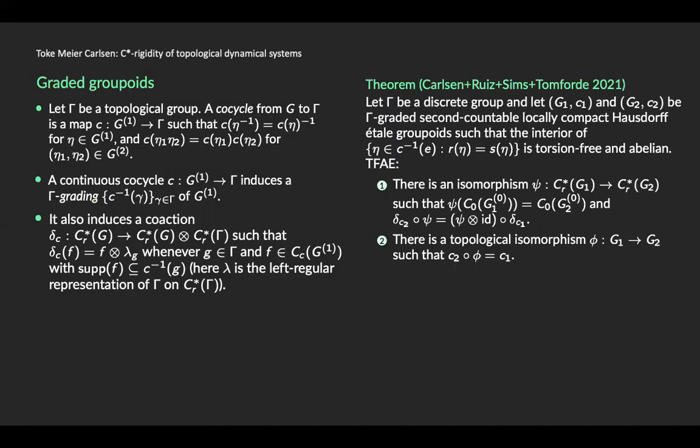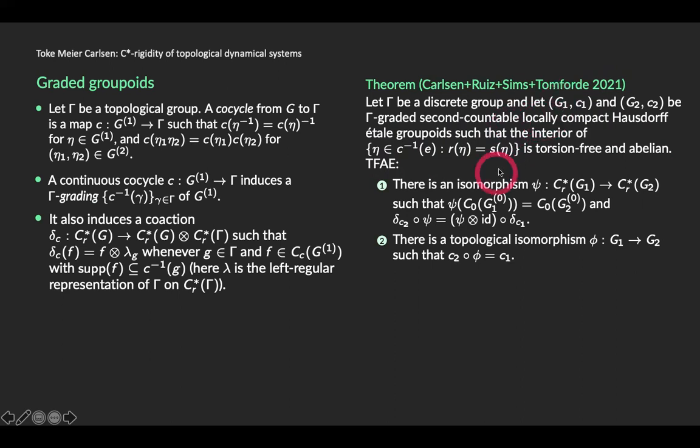So what I did with Lewis, Sims and Thomsen was to extend the construction of the Weyl groupoid such that the extended Weyl groupoid of a graded second countable locally compact Hausdorff étale groupoid satisfying the condition here, that the interior of a certain subset is torsion-free and abelian, is isomorphic to the original groupoid.